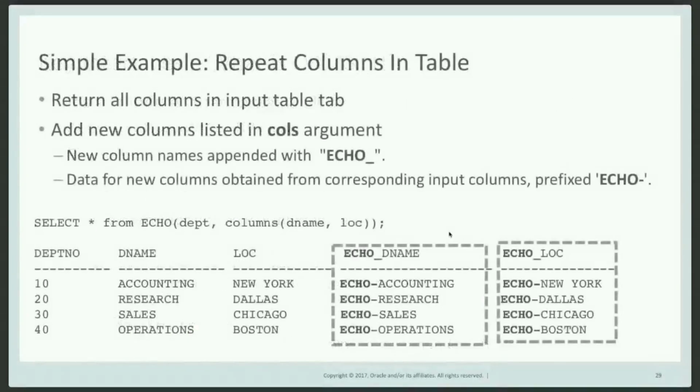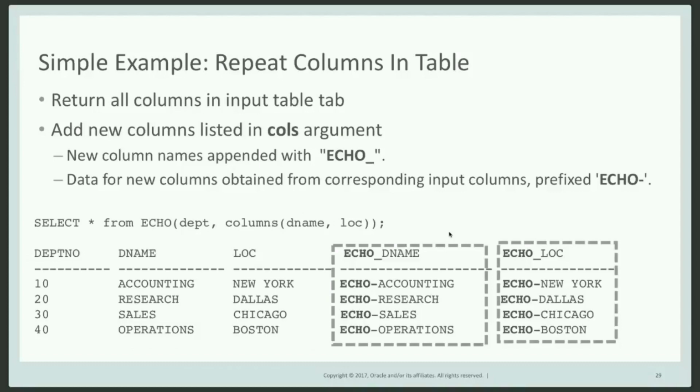So let's look at a very, very simple example. The first thing I'm going to do is take an input table, and I want to return all of the columns from the input table, but I want to duplicate 2 of those columns. And in the duplication process, I want to add some additional text.